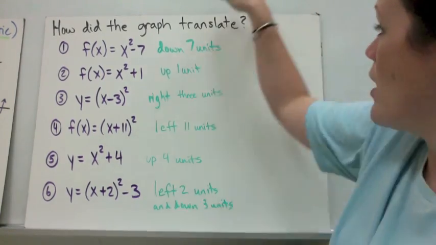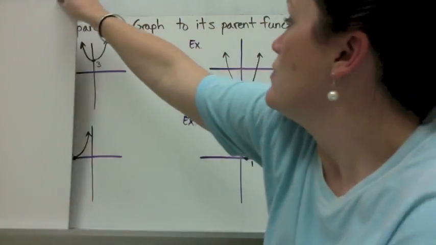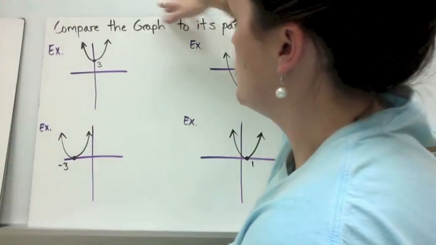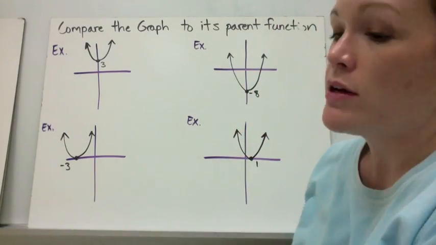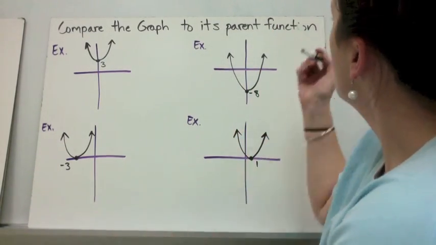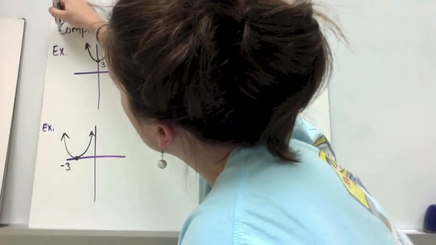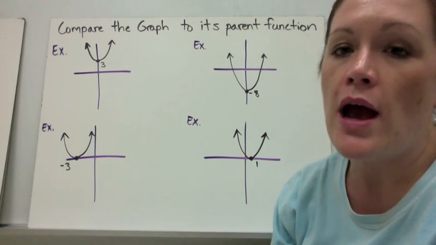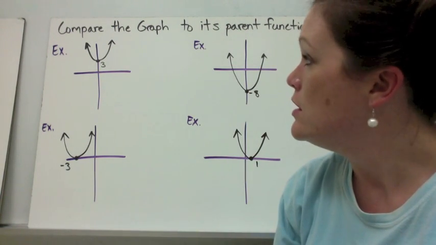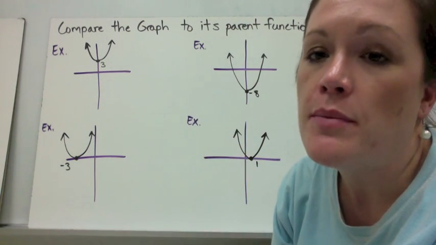Now let's look at some graphs. What if they told us to compare the graph to its parent function? So what if we were asked to compare the graph to its parent function? Here, I know it's a quadratic parent function because of its shape.